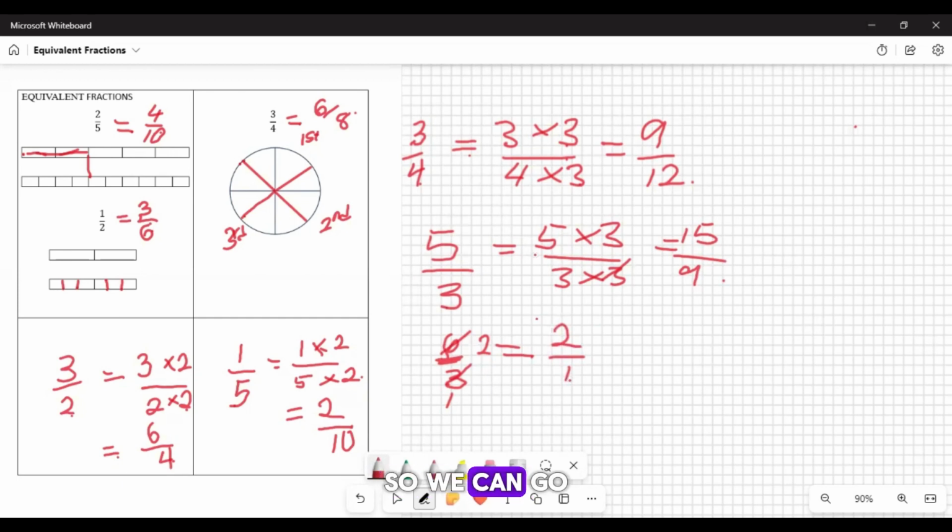So we can go on and on. We can change back from the higher version to the lowest terms. We can move from the lowest terms to a term that we want just by looking at the divisor, if we want more or less of it.